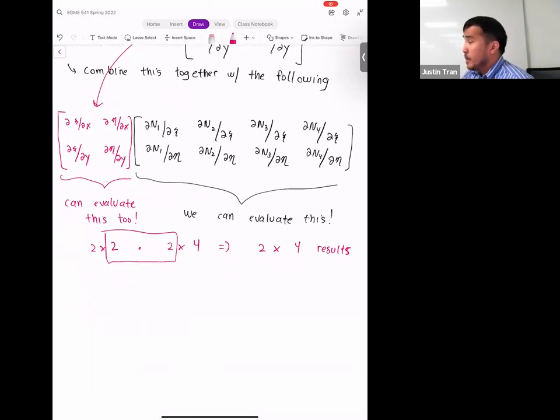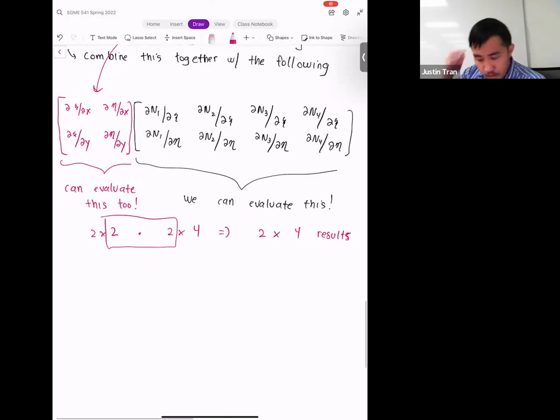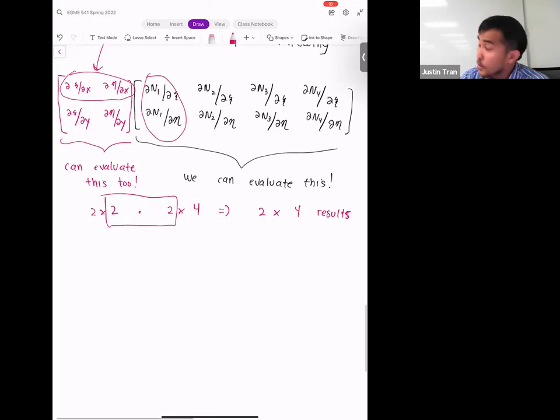And so I'm not going to evaluate every single expression in that 2x4 because that's madness. But I will show you a couple of those. Let's do this row multiplied by this column right here. I'm just going to do the first entry of the matrix multiplication.